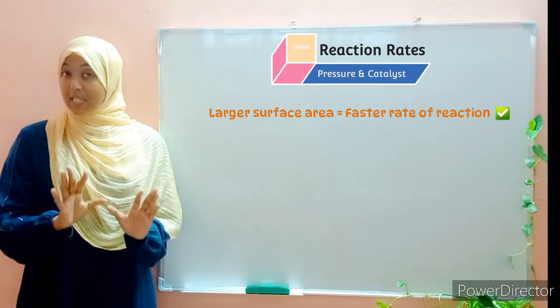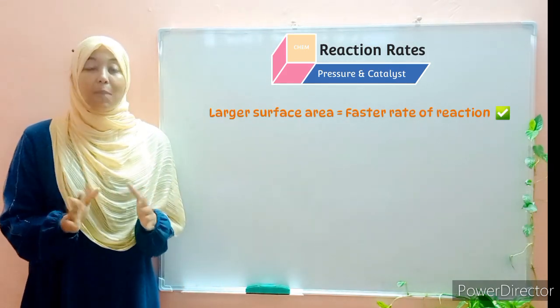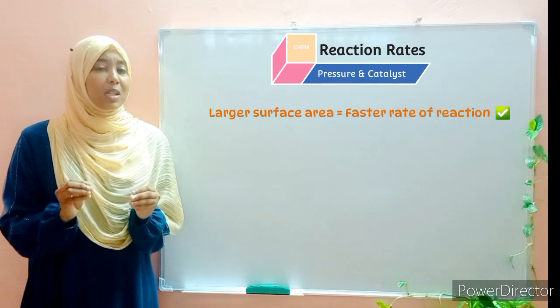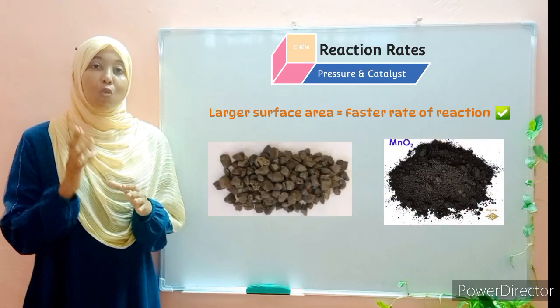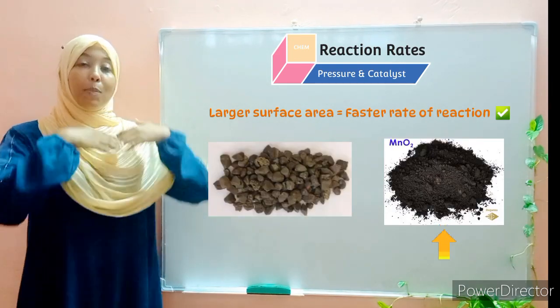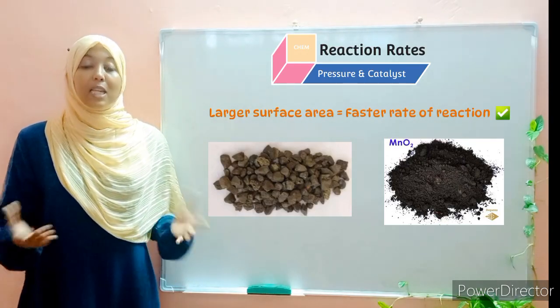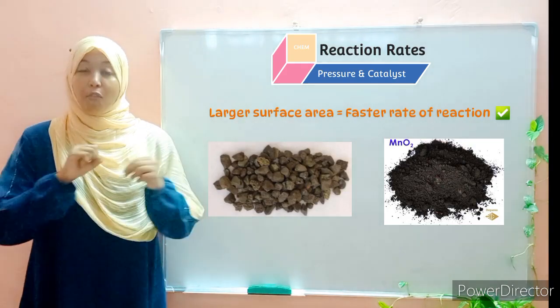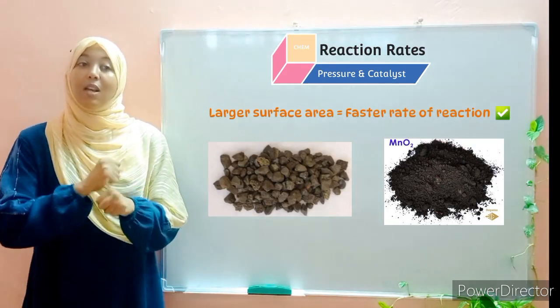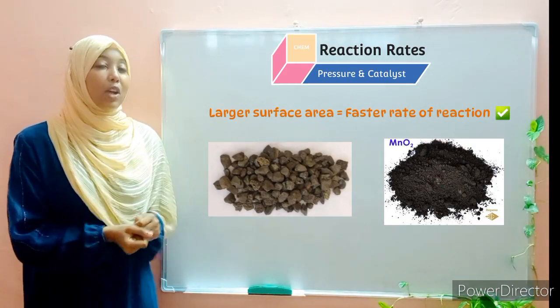Now, if you have catalysts that are in solid form, which most are, you find that if you have it in powdered form, you will be increasing the surface area of the catalyst. So what will happen is that you'll provide a larger area for the particles to react with one another, therefore speeding up the reaction.